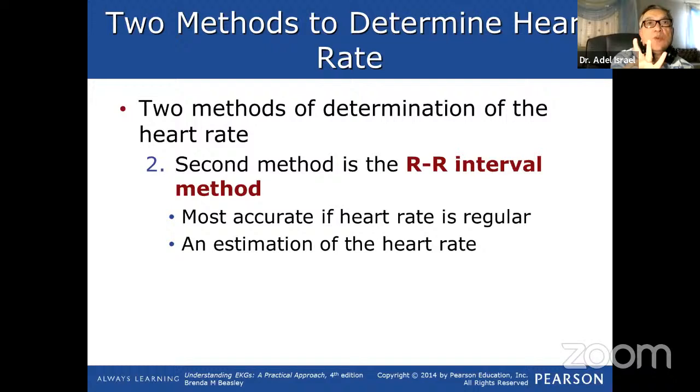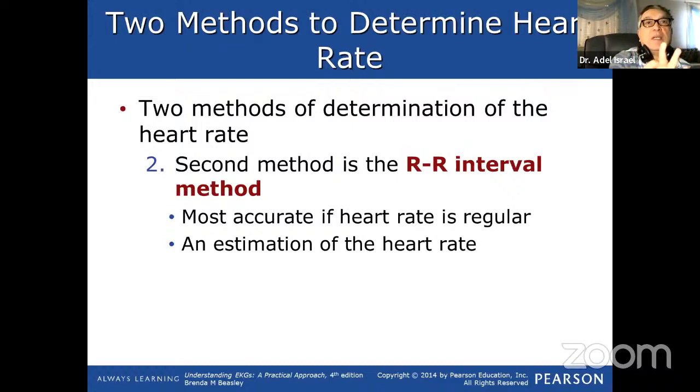So we have 3 methods to get heart rate. The first one we call the 6-second method, where you count how many R waves are in 6 seconds and you multiply by 10, which is the easiest one, and we practice this very easily.